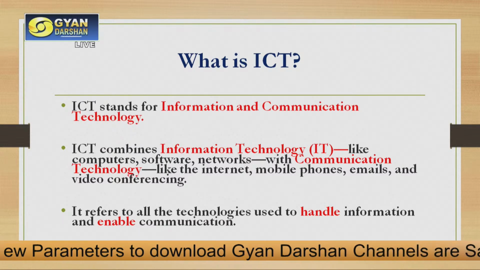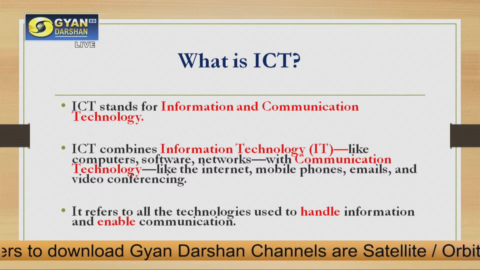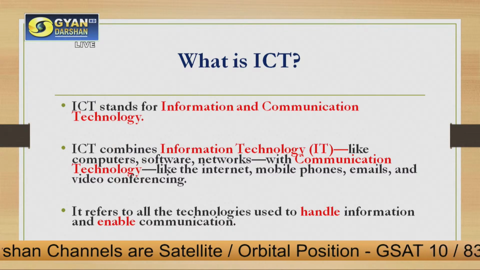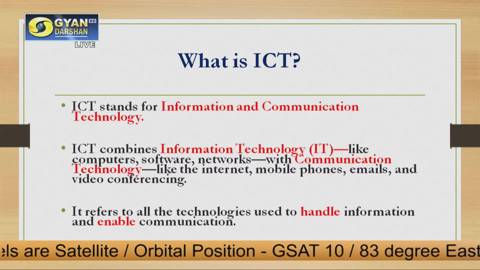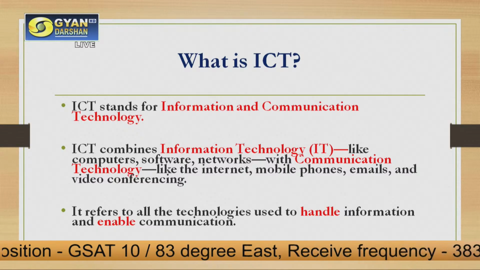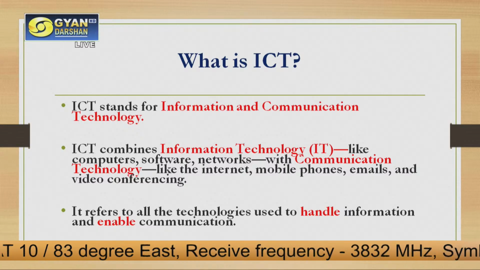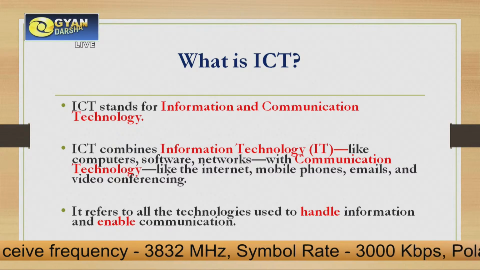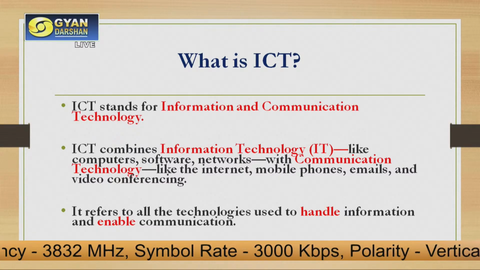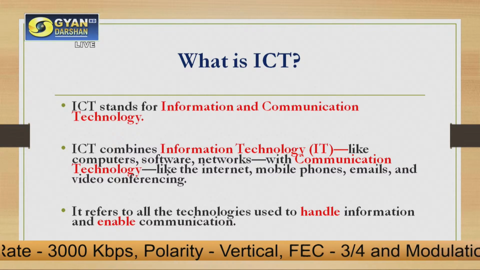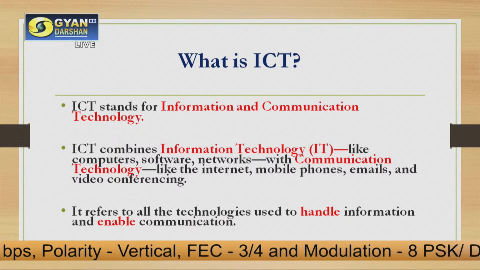Now what is information technology? It includes computers, software, networks, etc. This is used to manage, store, and create information. So technology related to information, which can be created, disseminated, etc., comes under information technology.